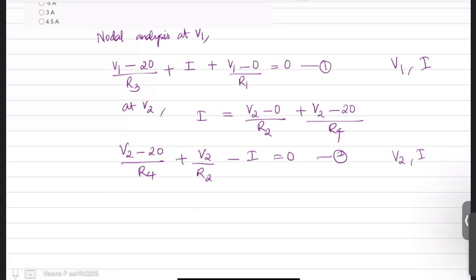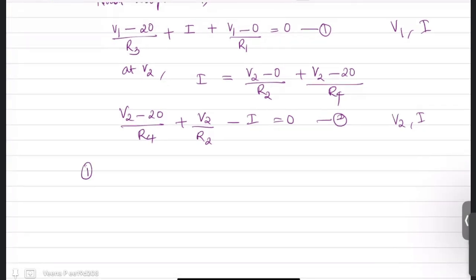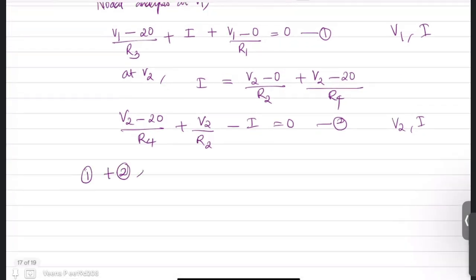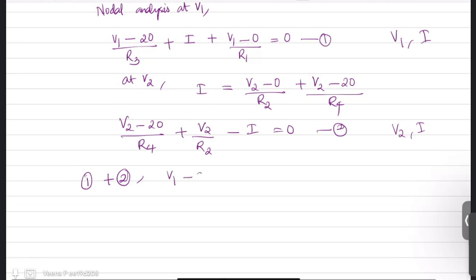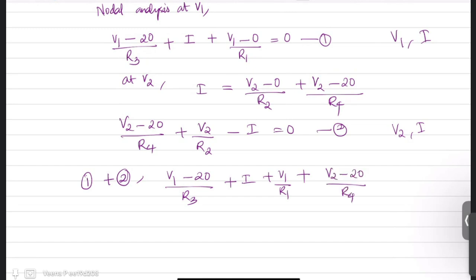If I do equation 1 plus equation 2, it becomes (V1 minus 20) by R3 plus I plus V1 by R1, plus (V2 minus 20) by R4 plus V2 by R2 minus I is equal to 0. So now your I gets cancelled off.